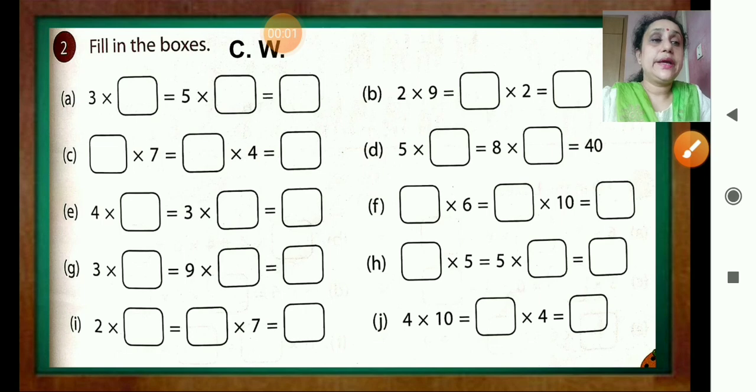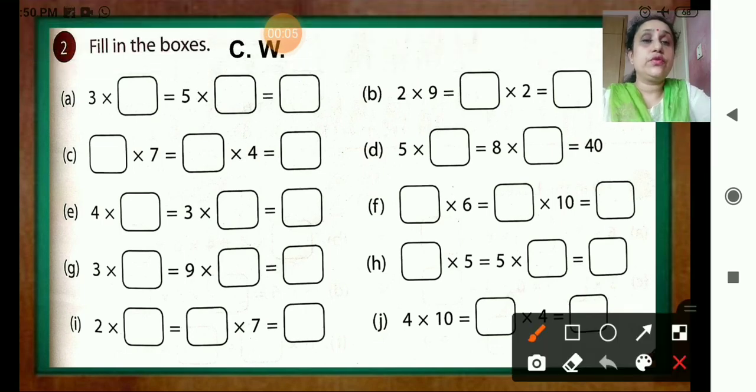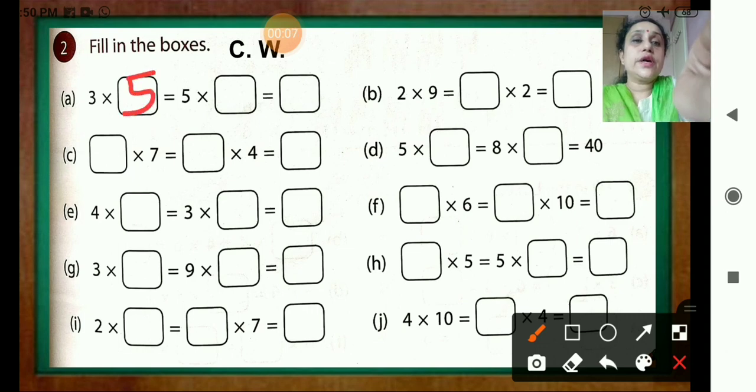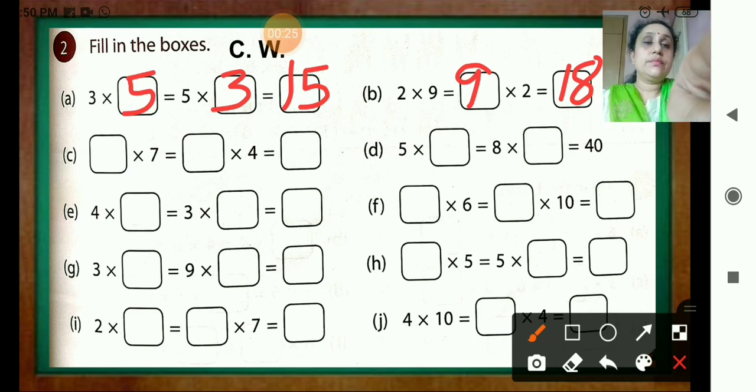3 multiplied by, what do you have to write? We have done this, no? You know what you will write. 3 fives are, and 5 threes are 15. Now this one, 2 nines are, and here you will write 9 twos are 18. Now C, 7 blank box multiplied by 7, and on the other side 4.